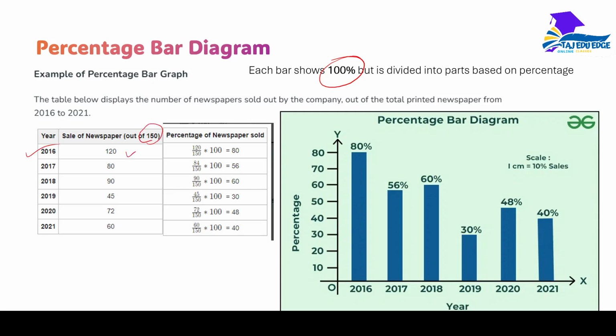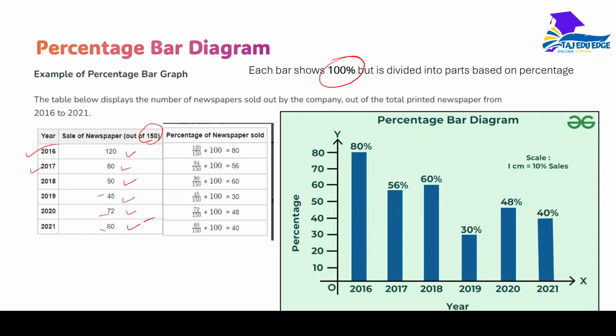Out of 150, the sales of newspaper was 120. Next, in the year 2017 it was 80, in 2018 it was 90, in 2019 it was 45, in 2020 it was 72, and in 2021, because of COVID, it has reduced. Later again it has come up.